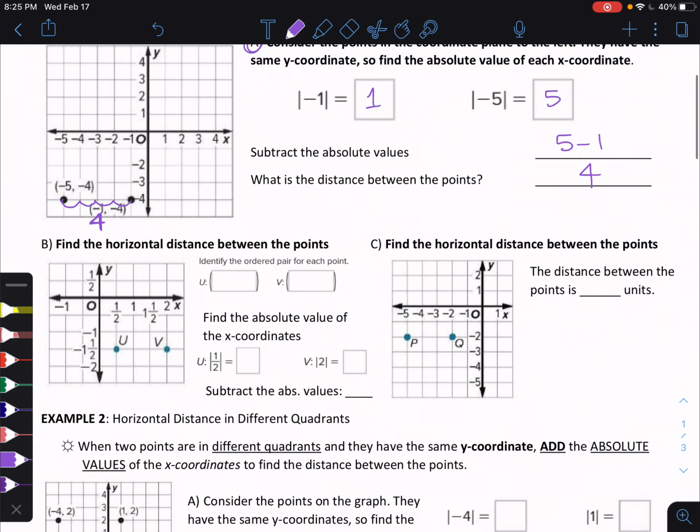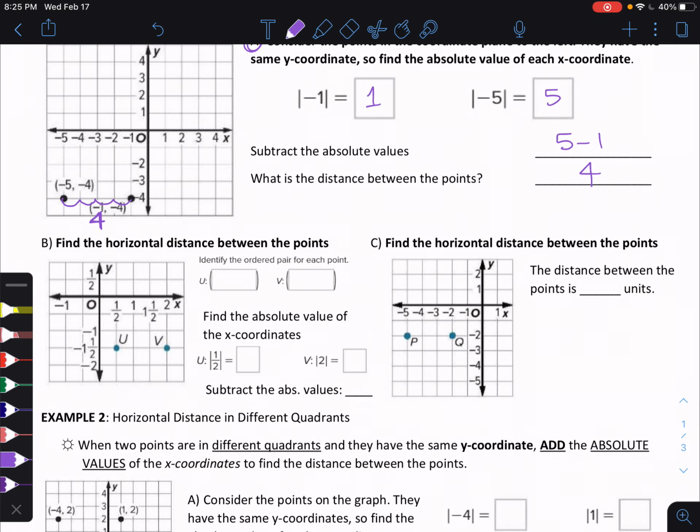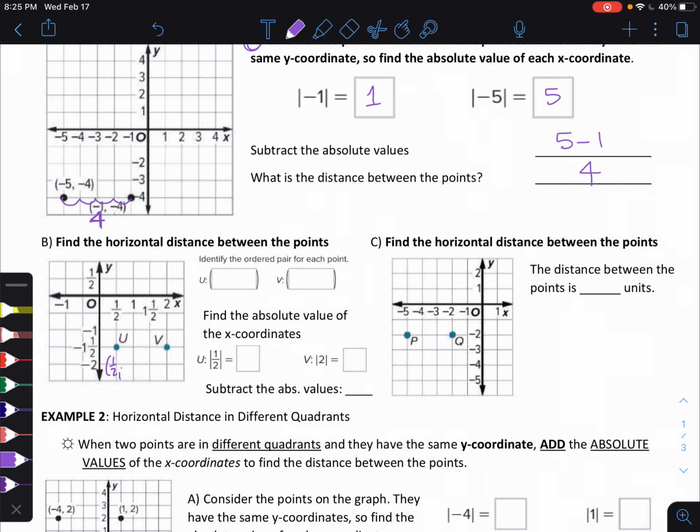So here we've got a similar situation. This is 1/2, comma, -1.5. And then this is 2, comma, -1.5. So again, my y coordinates are the same.